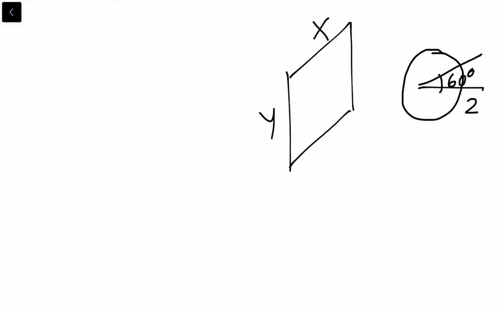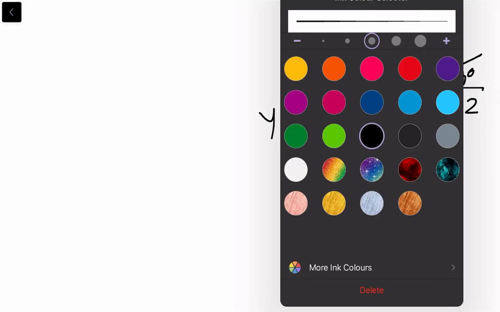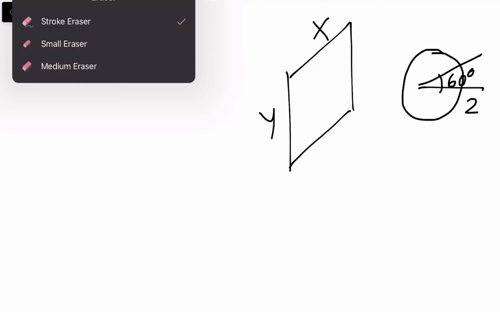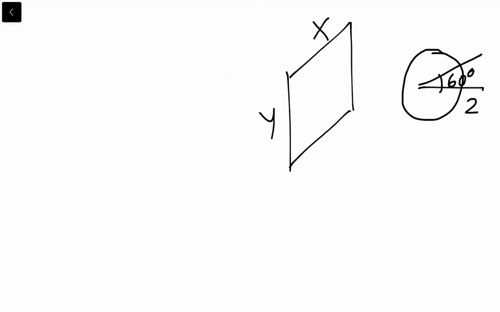Let's take whatever they have given in the problem and write it down. Surface charge density, sigma, is equal to 5 into 10 to the power of minus 16 coulomb per meter square.